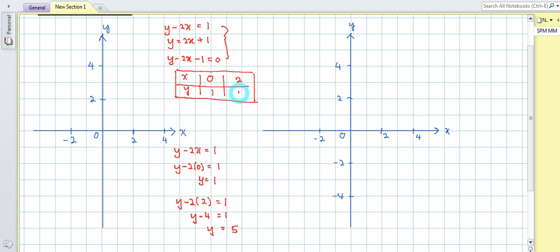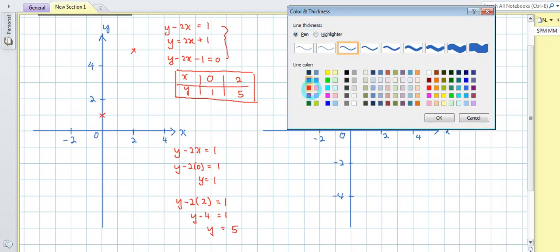So you have another coordinate now, (2, 5). Then you just plot (0, 1), which is over here, and (2, 5), which is over here. So the next step, you just connect these 2 points together.